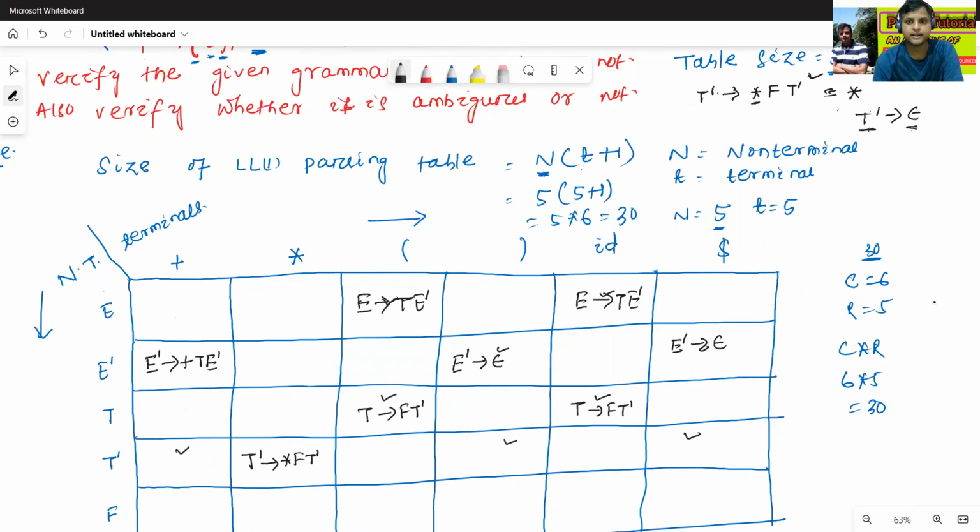So here we'll fill T prime to epsilon under plus, dollar, and close bracket. Okay.